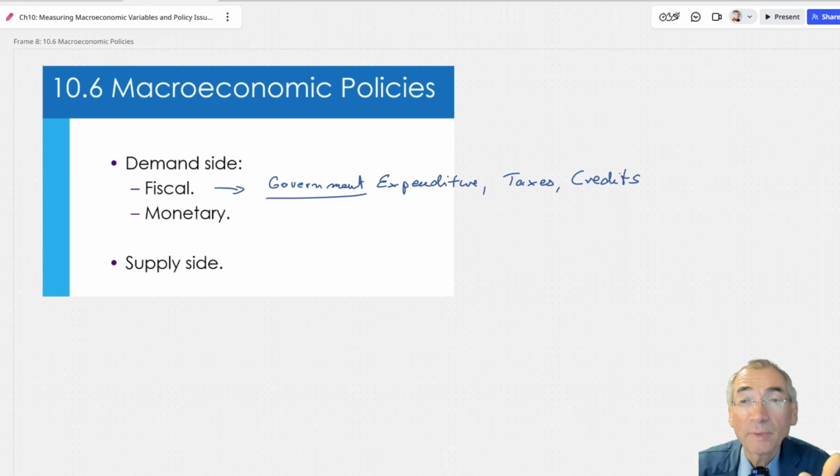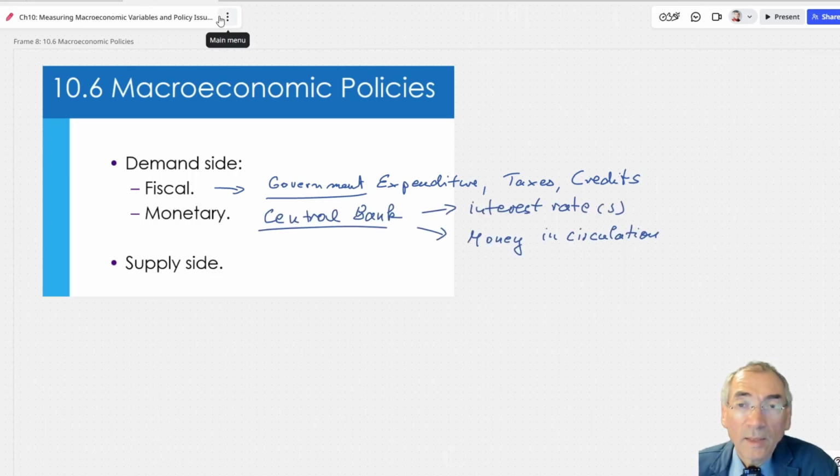So it's central banks, and it's typically about the amount of money in circulation, regulated frequently via the interest rate, the leading interest rate. And with this very superficial definition of what are the different types of economic policies that we are going to discuss, especially in chapters 13 and 14, we end our overview chapter 10.